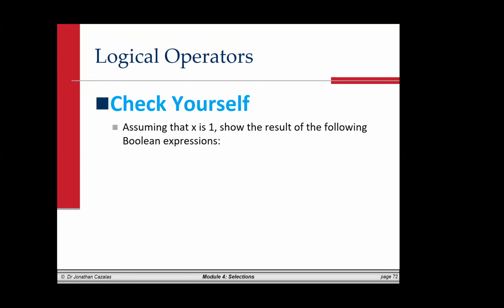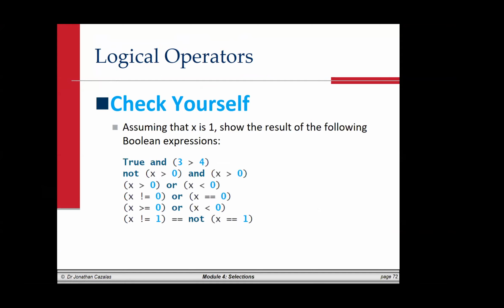What is the result of the following? The first line: True and 3 greater than 4. There's no x. What's the answer? That's false, because 3 greater than 4 is false, so true and false is false. What about the next one?